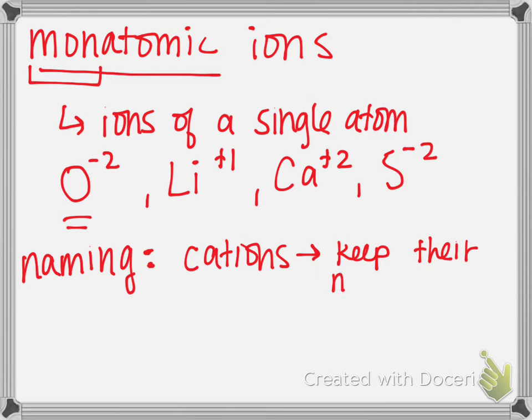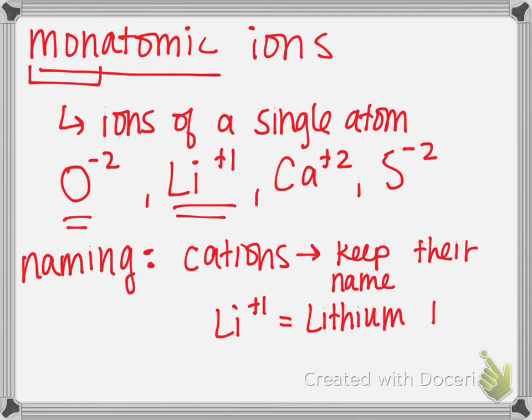Cations get to keep their name. And so if we were looking at Li +1, it's still just called lithium, but you might say lithium +1, so we know we're talking about the ion version rather than the neutral version.